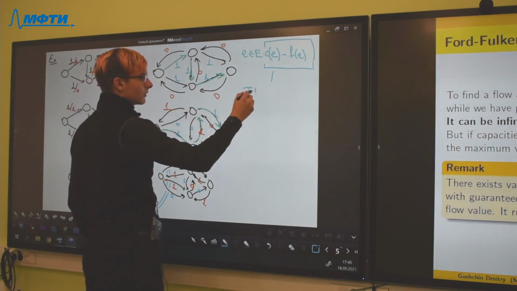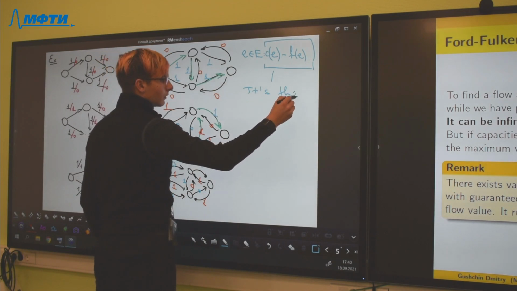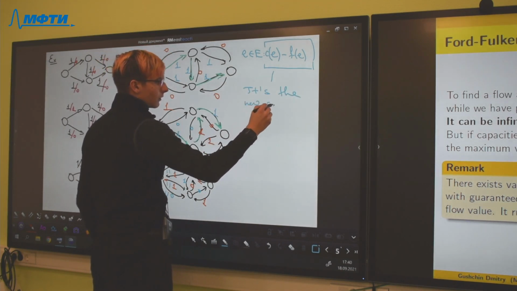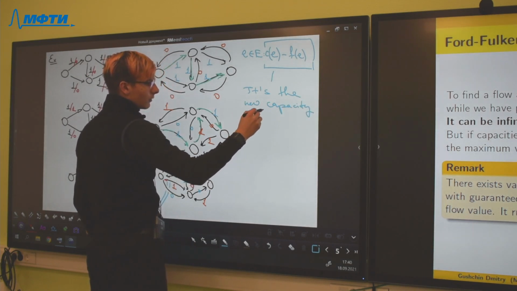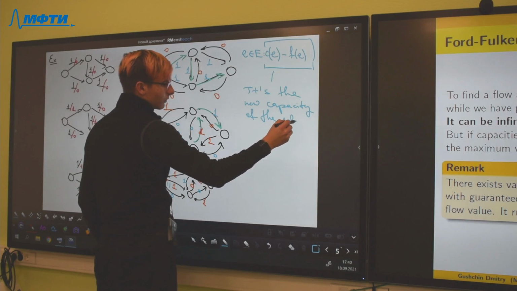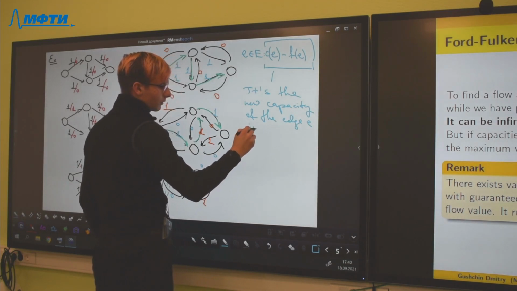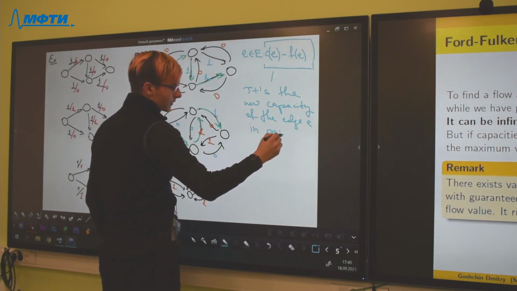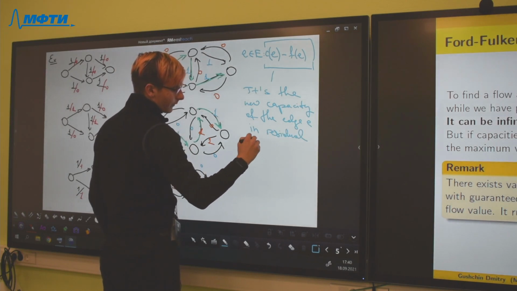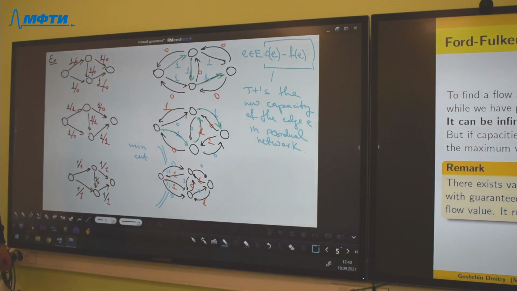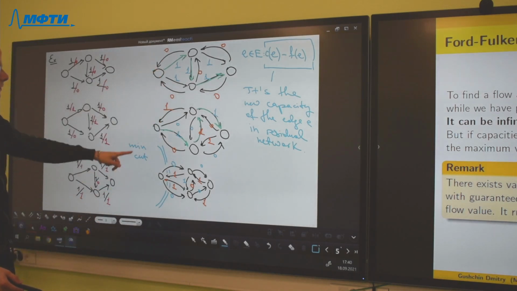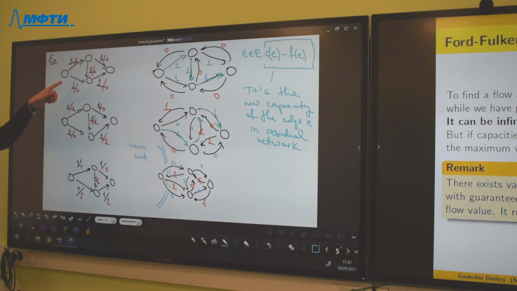It is the new capacity of the edge E in the residual network. So we see the flow is equal to 0, so capacities of the edges are equal to capacities in this network.